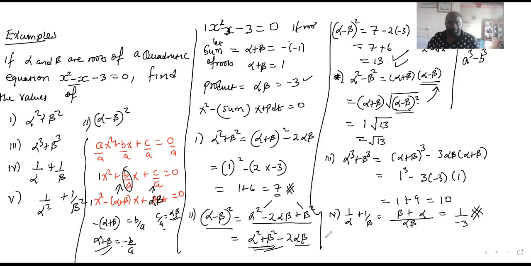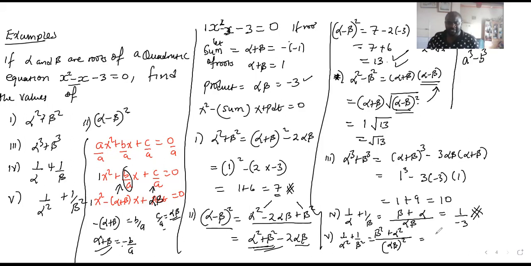Check out this one. 5. 1 all over alpha squared plus 1 all over beta squared. The LCM is alpha squared beta squared. The cross multiplication becomes beta squared plus alpha squared.